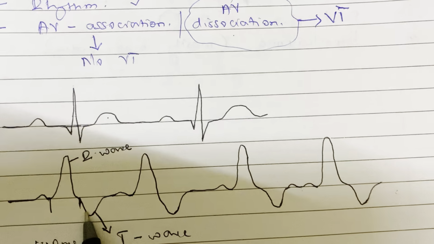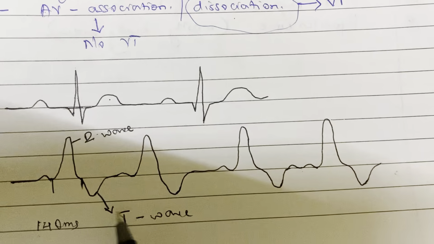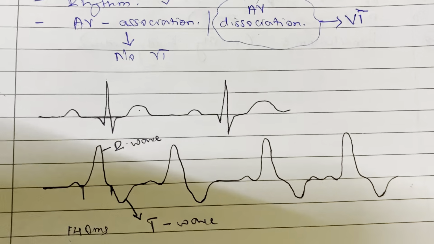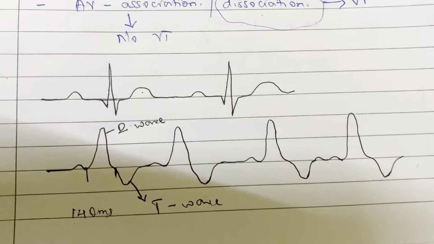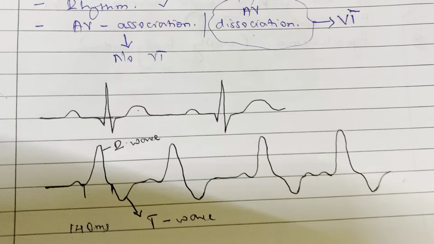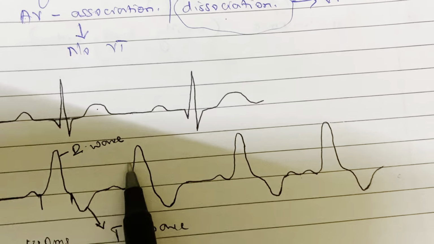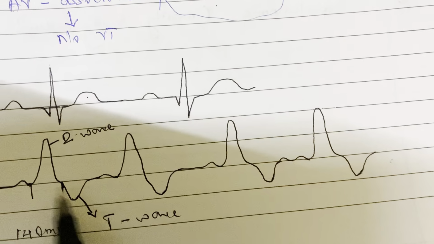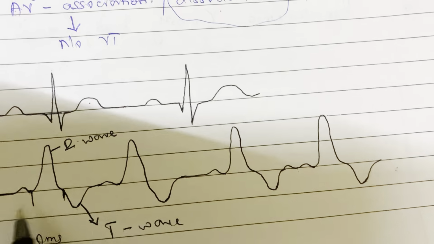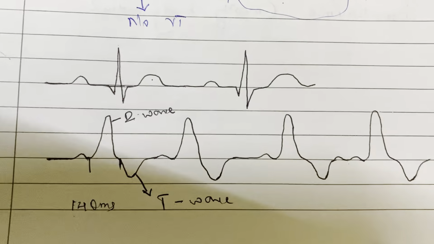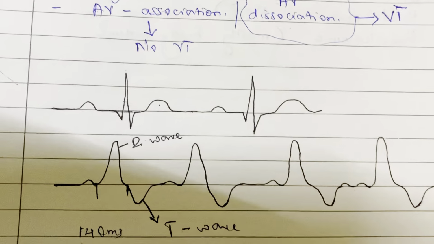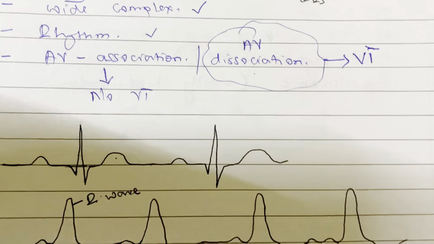So T waves are inverted in wide complex tachycardia, like in bundle branch blocks. In paced beats, T waves may appear inverted. So after confirming this, T waves are inverted, in the opposite direction to that of the complex. If the complex is negative, the T wave will be positive. Always negative complex, T wave positive, like this.